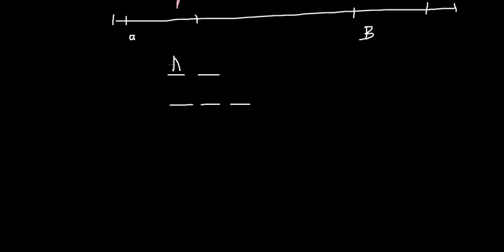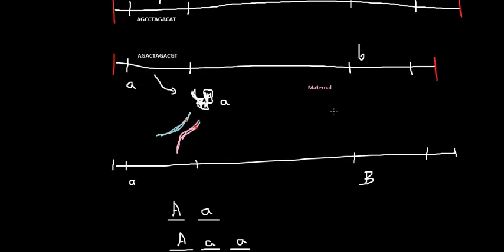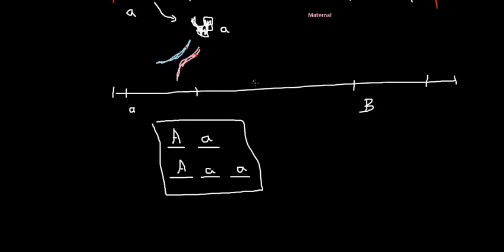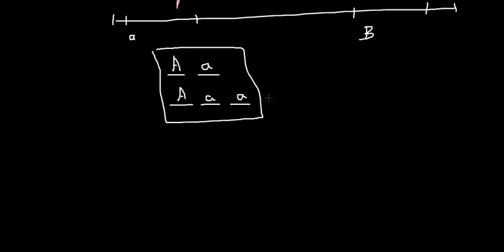There's the paternal allele and then the maternal allele, and then if we're talking about the triploid, we have a big A, a little a, and a little a. So this is what a genotype would look like depending on the ploidy of an organism, depending on how many copies of chromosomes that code for the same thing the organism has.